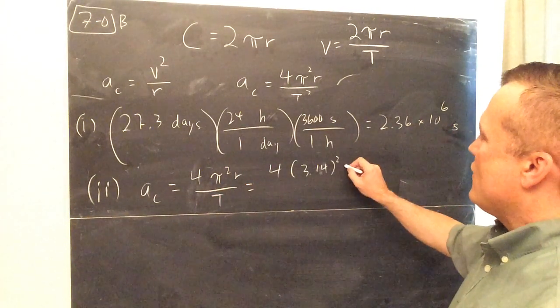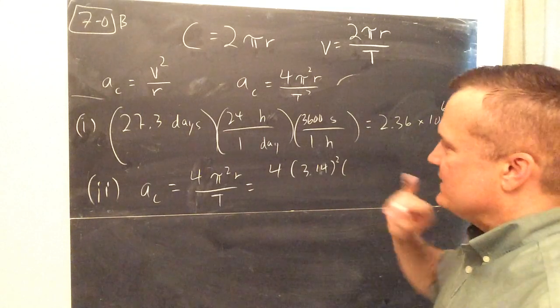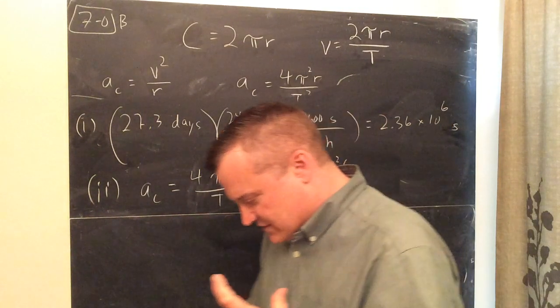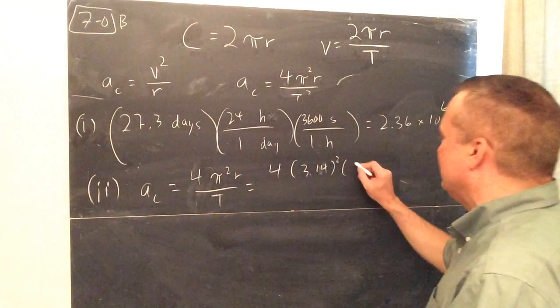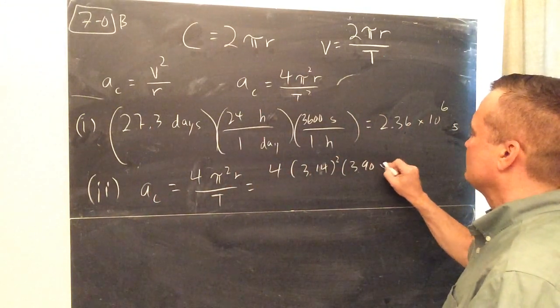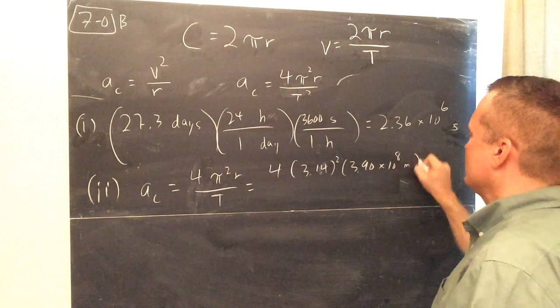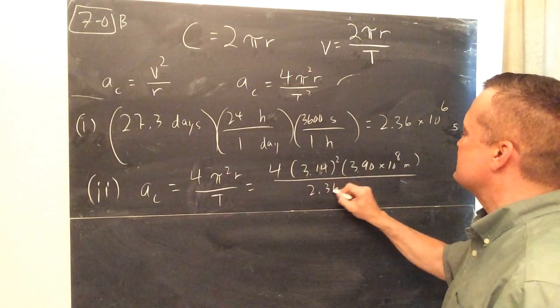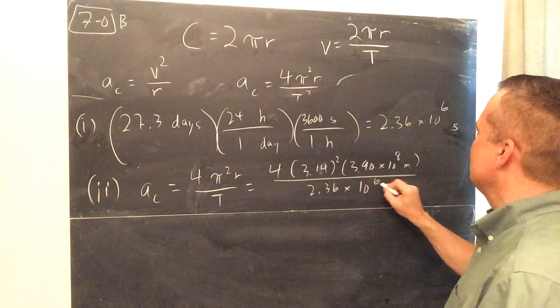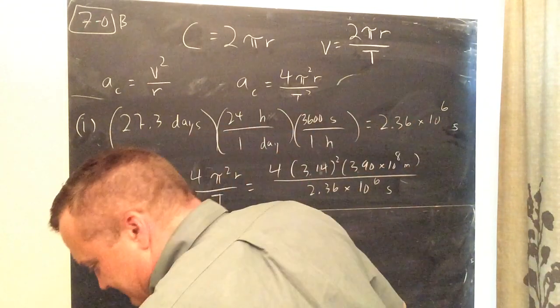Okay? R is the distance from the moon to the Earth, the average distance. And they gave that in meters, I think, didn't they? 3.90 times 10 to the 8 meters. And then the period we just found was 2.36 times 10 to the 6 seconds. All right.